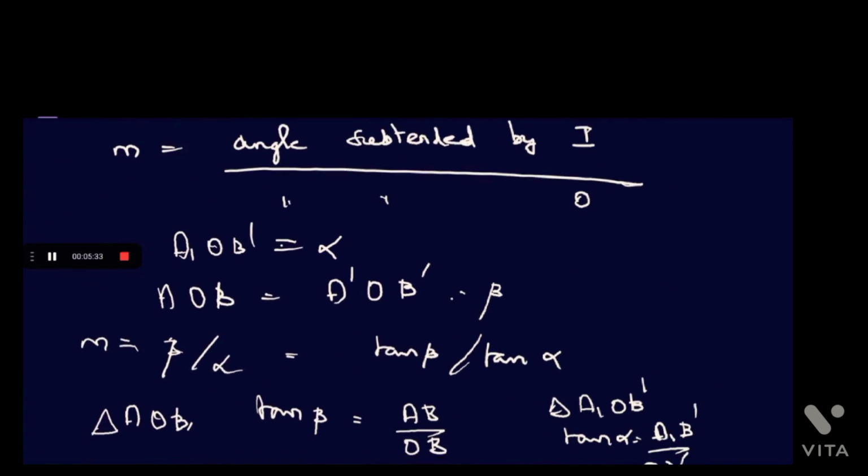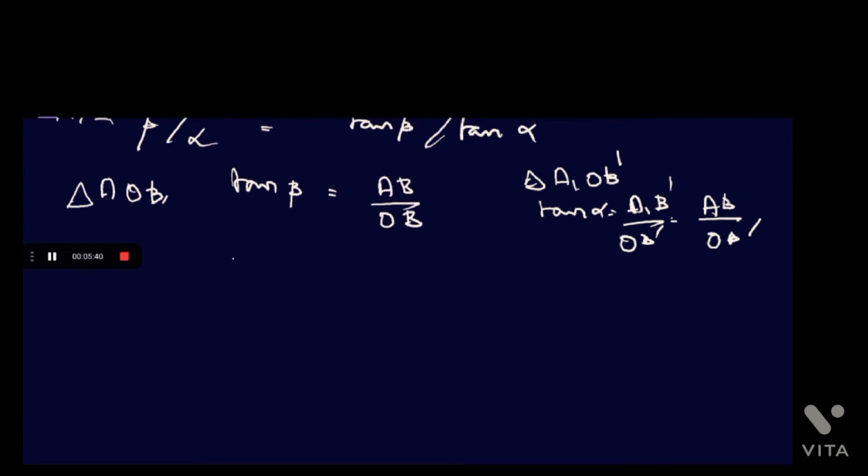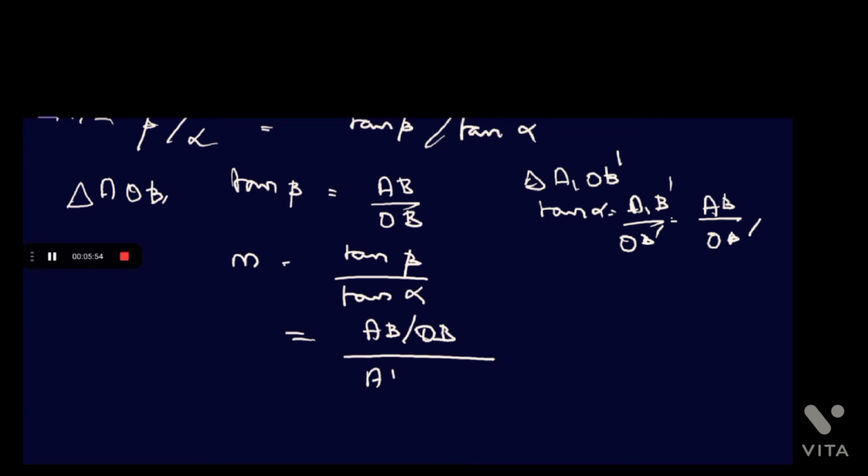So you can also take this as AB by OB dash. So the magnification, which is tan beta divided by tan alpha, you can write as tan beta as AB by OB and tan alpha as AB by OB dash, right? So you can cancel AB on both sides, and you will get OB dash by OB if you take the reciprocal.